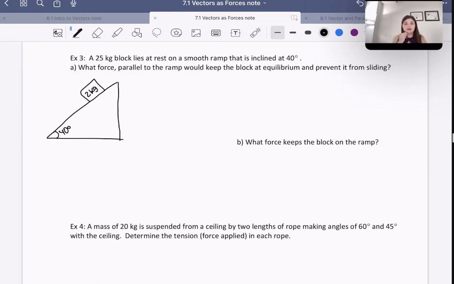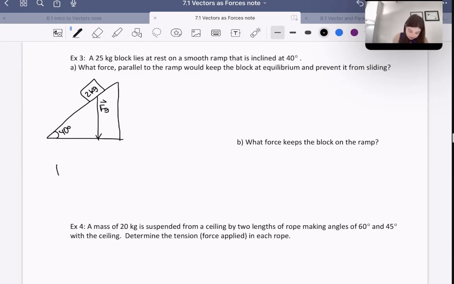So now I'm actually going to draw in here our force of gravity, Fg. So Fg is equal to what?